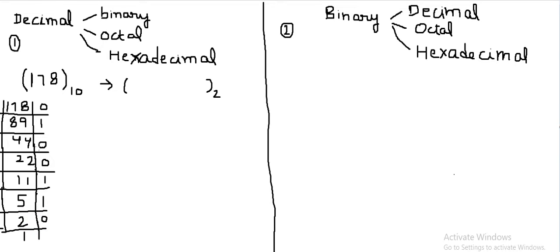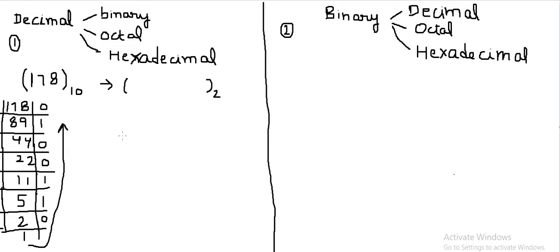So this number is converted into various combinations of 0 and 1. To write this number in binary, we have to take the remainders from down to up, in the upward direction.